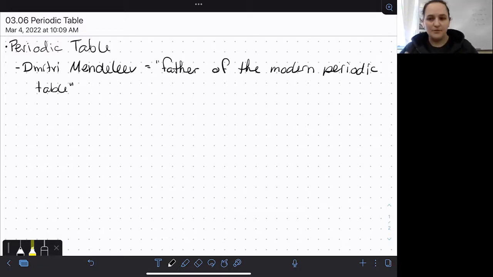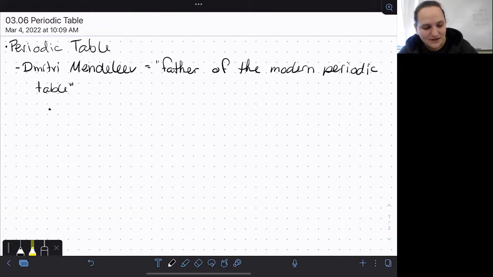He is far from the only person who tried to find some sort of organization to the elements, but he is the one we give most of the credit to for the periodic table that we have today. Granted, his periodic table did not look very much like the one that we use today, but it's the basis for how things are organized.